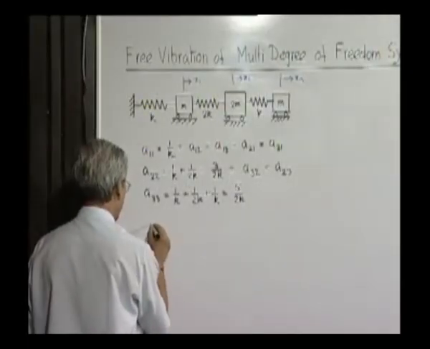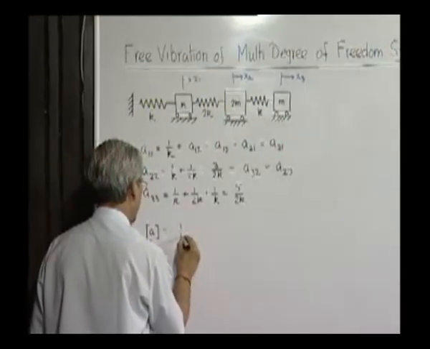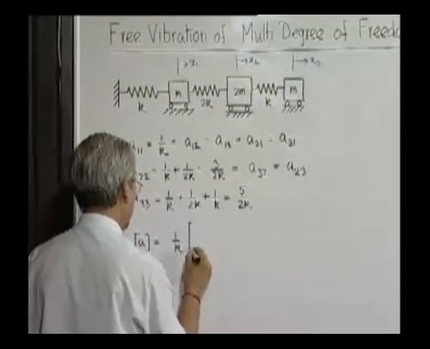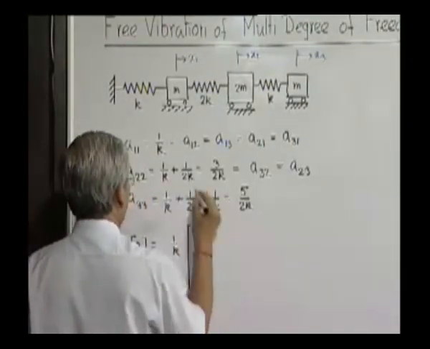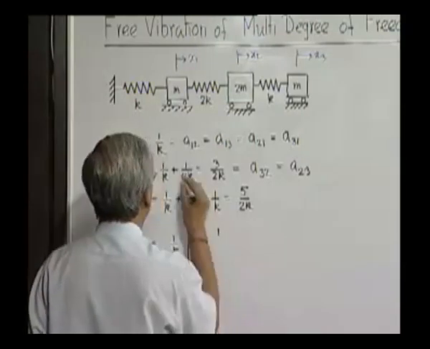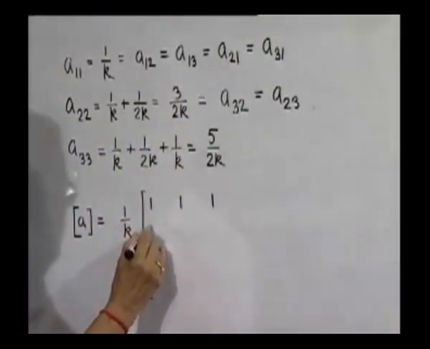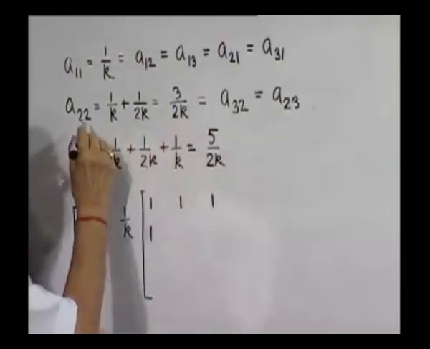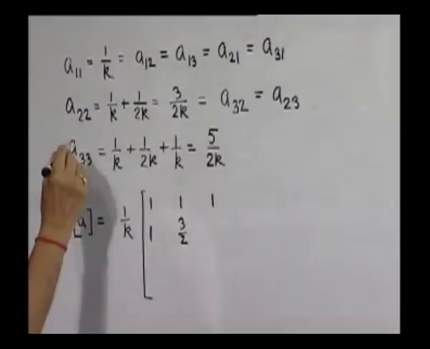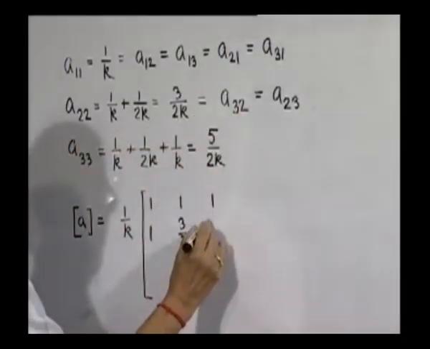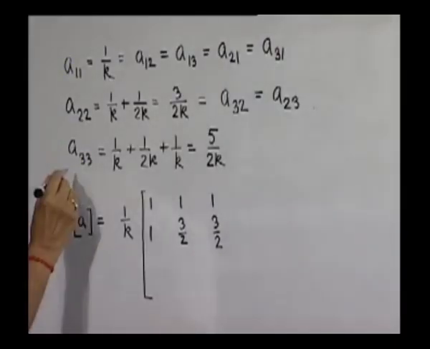So, the A matrix can be written as 1 by K times: A11 is 1, A12 is 1, A13 is 1, A21 is 1, A22 is 3 by 2, and A23 is 3 by 2.